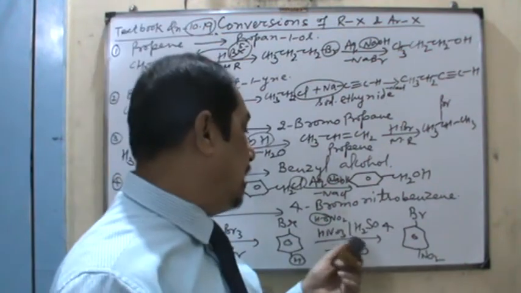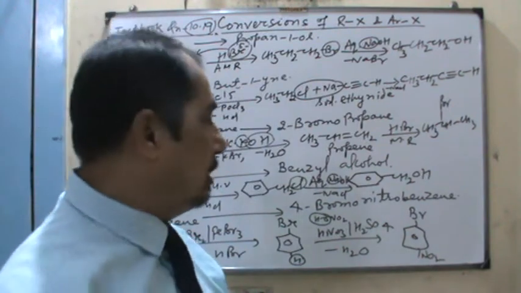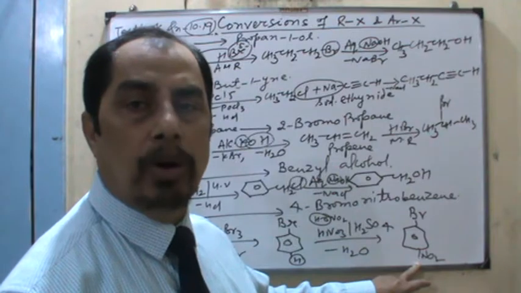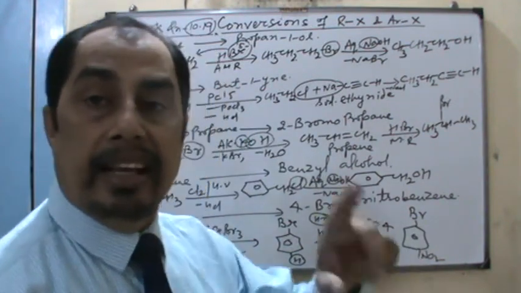So this name is actually incorrect in the NCERT book. That must be corrected to 1-bromo 4-nitrobenzene, right? Because bromine gets priority over nitro. So in NCERT it is somehow wrong. Therefore write 1-bromo 4-nitrobenzene. Can you amend it now?